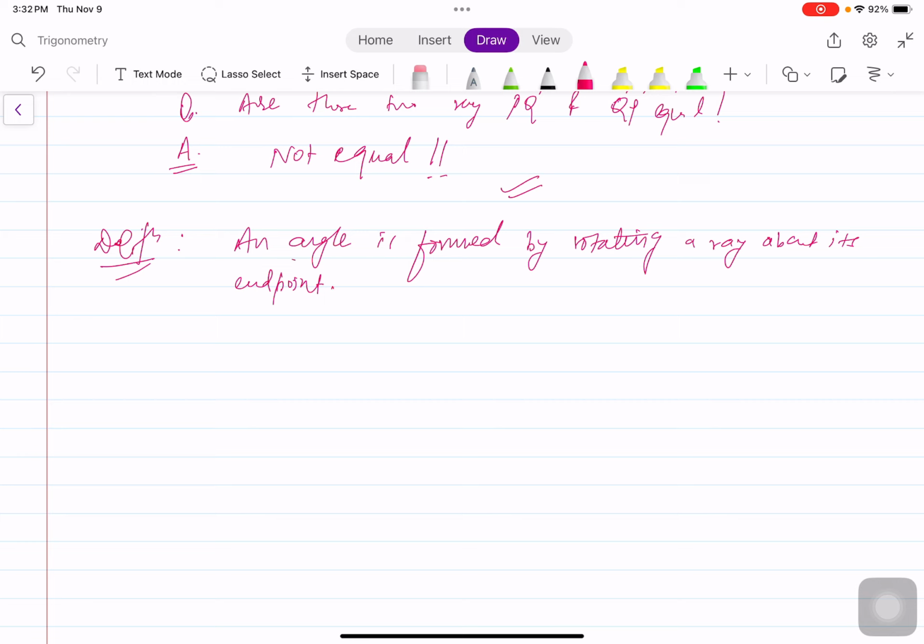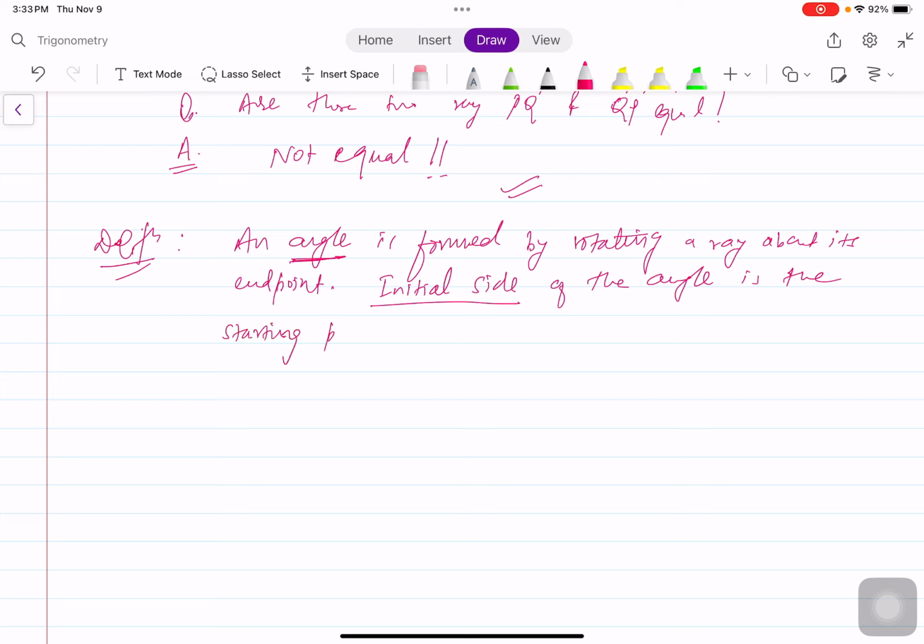So this is the definition of angle, whereas we have other definitions included here. Initial side of the angle is the starting position of the ray.